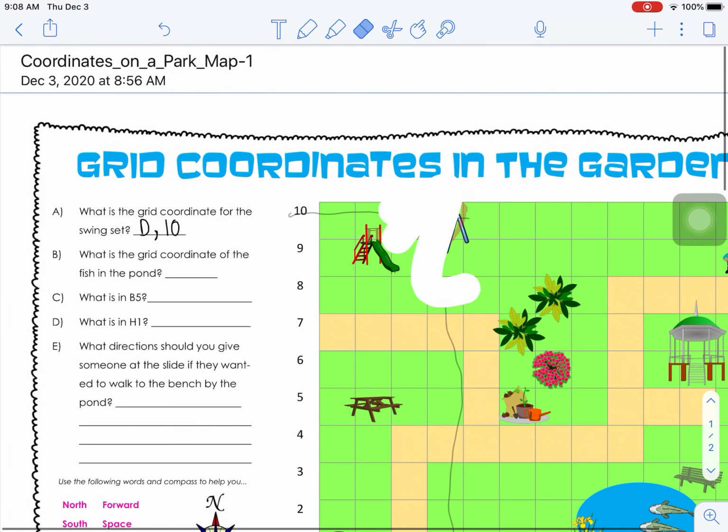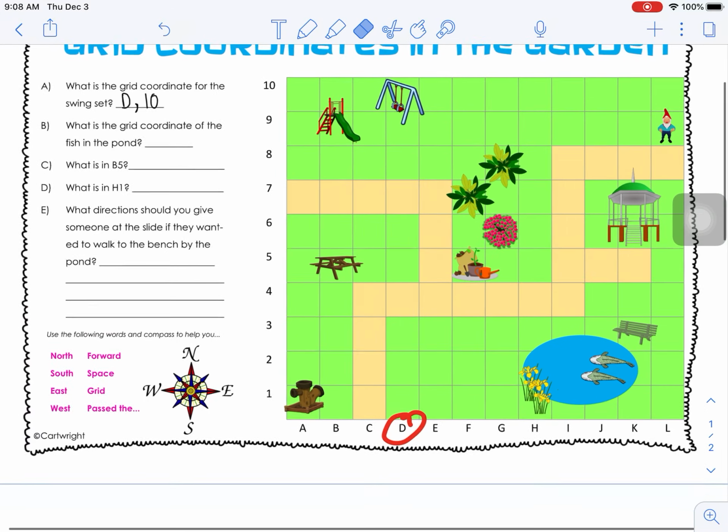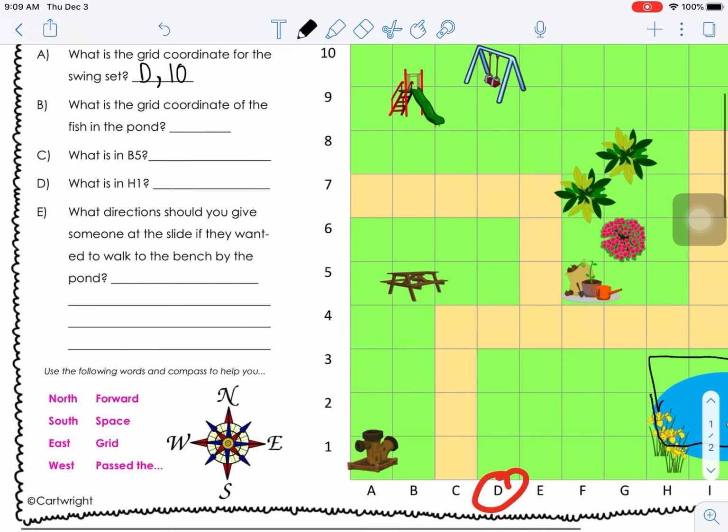All right, erase this. You're going to do the same thing for the coordinate of the fish pond. I know the fish pond is a little big here, so you could have different possible answers, but as long as you're in this area here, your coordinate plane will be good. So just make sure you pick something within that fish pond there is what you're looking for.